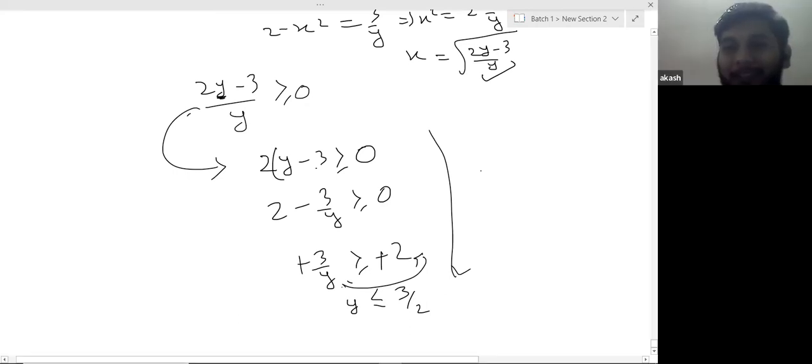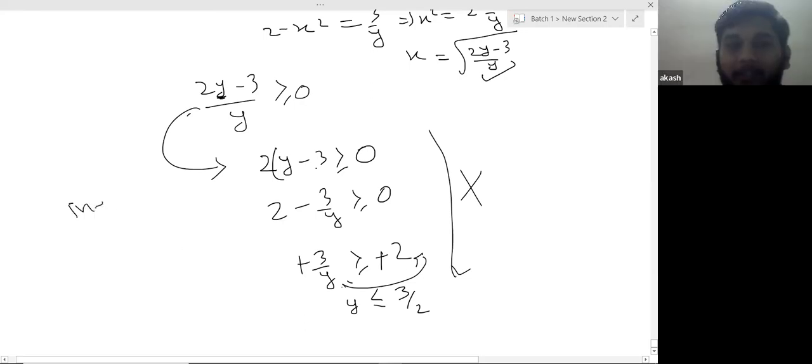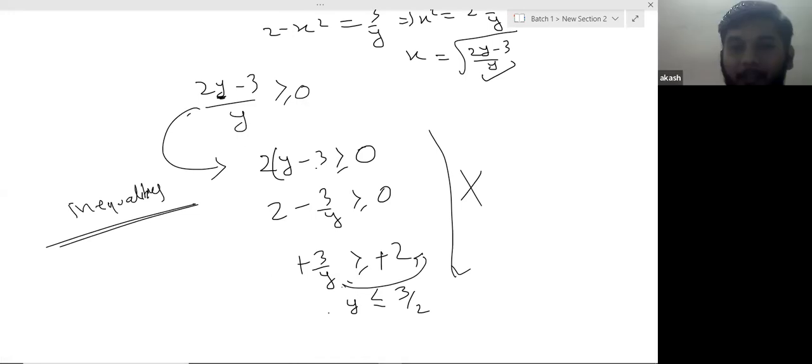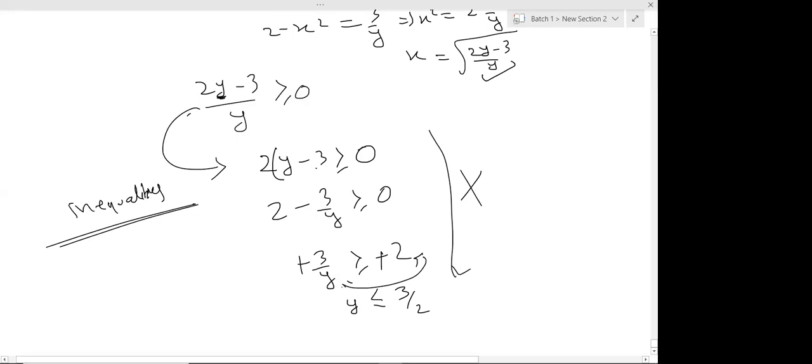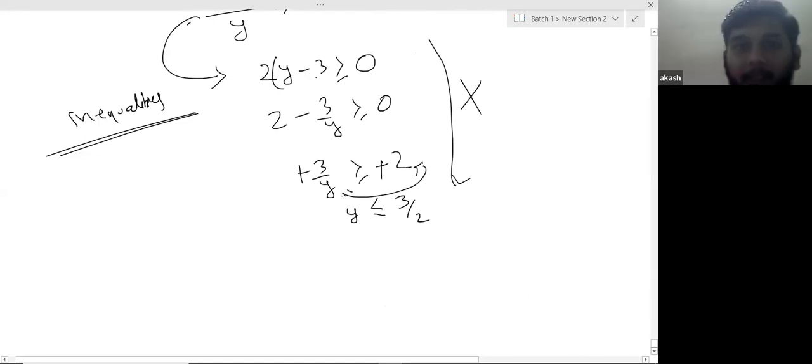You cannot solve like this. Have you guys finished the chapter inequalities? Yes, sir. If you haven't, please look at the lectures. Otherwise, these mistakes will keep happening.